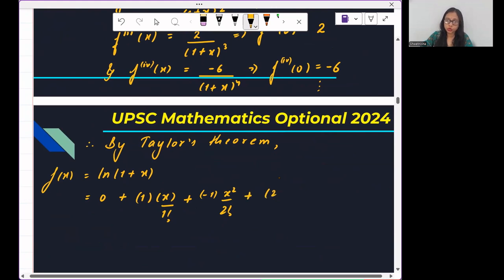Next, 2 times x cubed by 3 factorial, plus minus 6 times x raised to power 4 by 4 factorial, and so on.